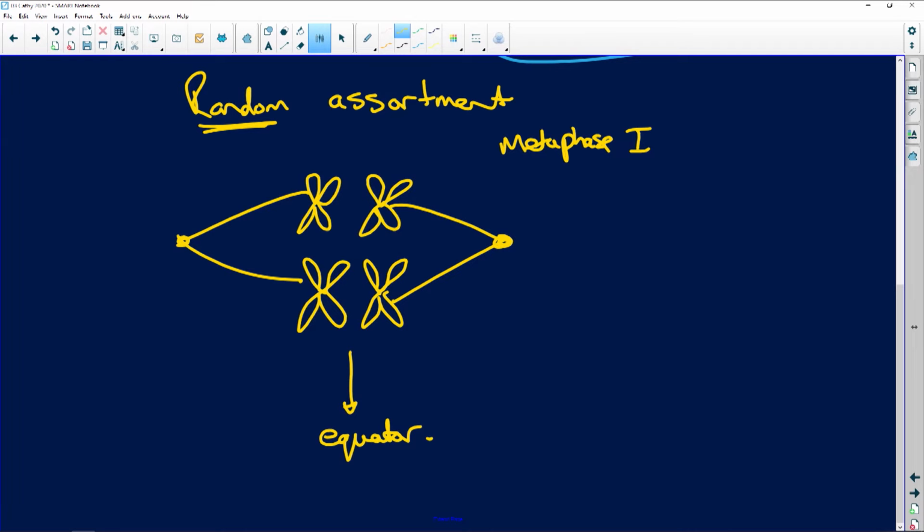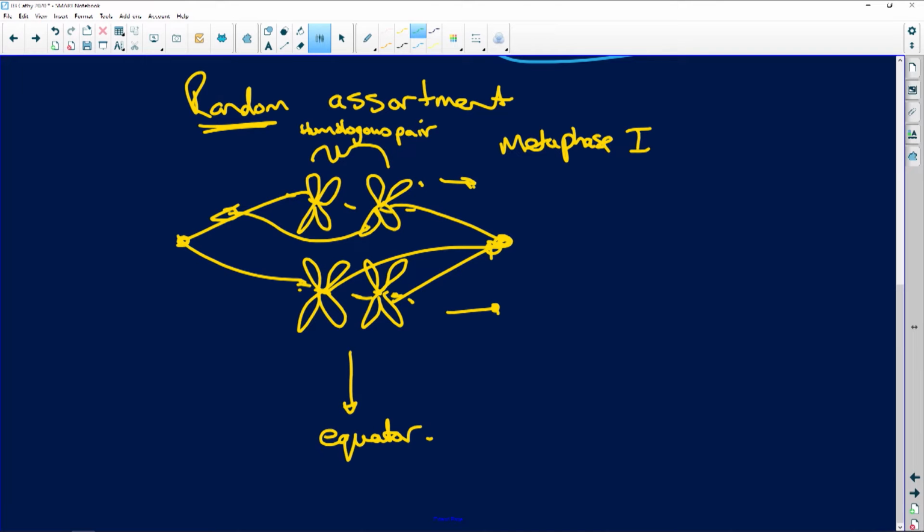There is my homologous pair of chromosomes. But the thing is, your spindles run all the way through. This chromosome could pull to that pole, and this one may pull to that pole. It doesn't mean that if they're on this side, they're going to automatically pull to this pole. It doesn't happen that way. It's random.